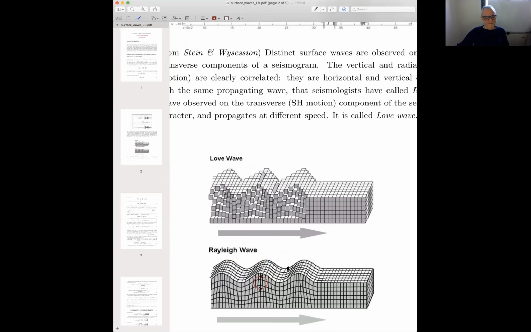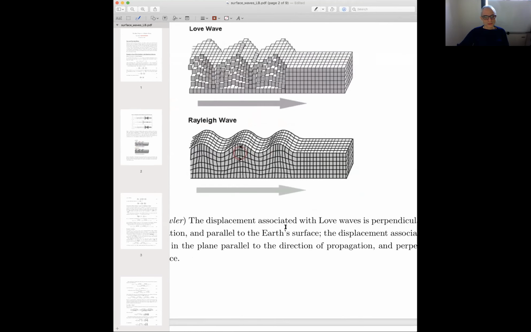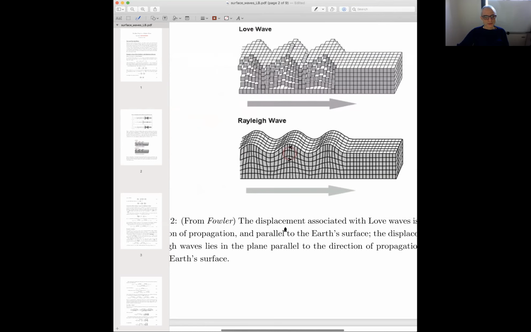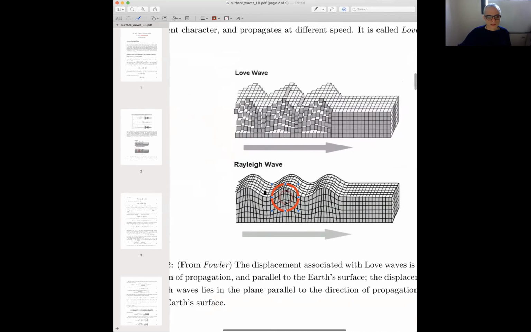involve, I think it's called retrograde motion. Yeah, I didn't write it. It doesn't really matter, but basically if you follow a particle that's hit by a Rayleigh wave, it moves in a circle like that, okay?